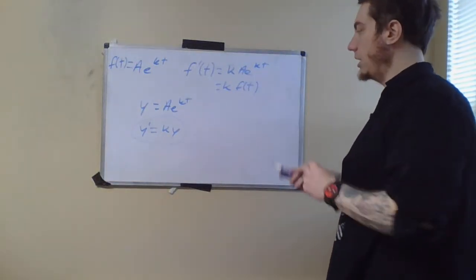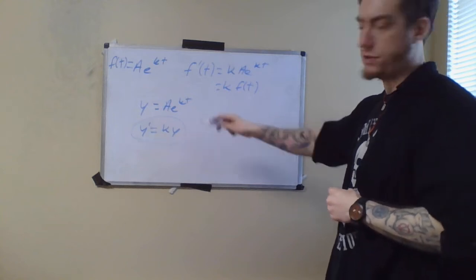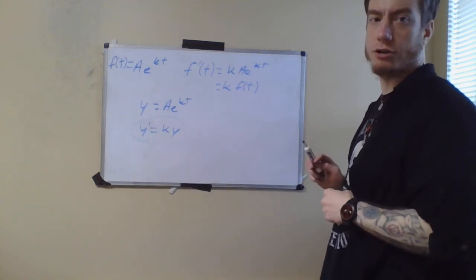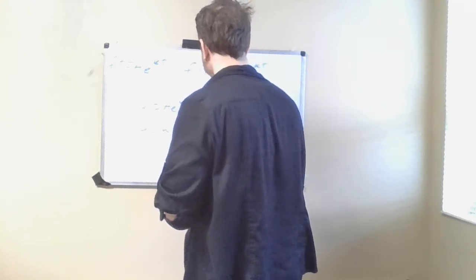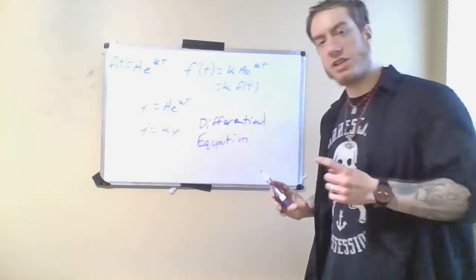So, this kind of situation, this kind of equation is one that shows up all over the place. And an equation like this, and this is getting a bit beyond what we're going to really focus on in this class, is known as a differential equation. What is a differential equation?